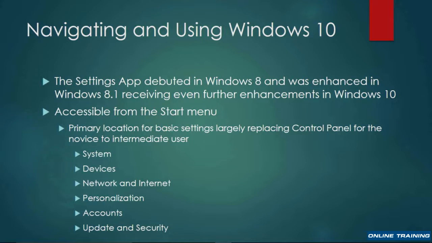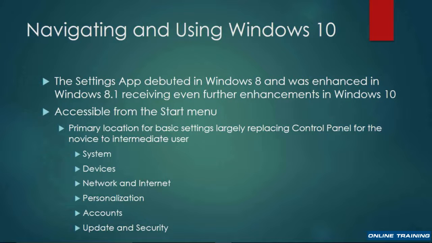But the final feature that we want to take a look at is the Settings app. Now, the Settings app debuted in Windows 8, and it was enhanced in Windows 8.1, but it's received even further enhancements in Windows 10. The Settings app is accessible from the Start menu, and it's the primary location that you're going to go for basic settings.